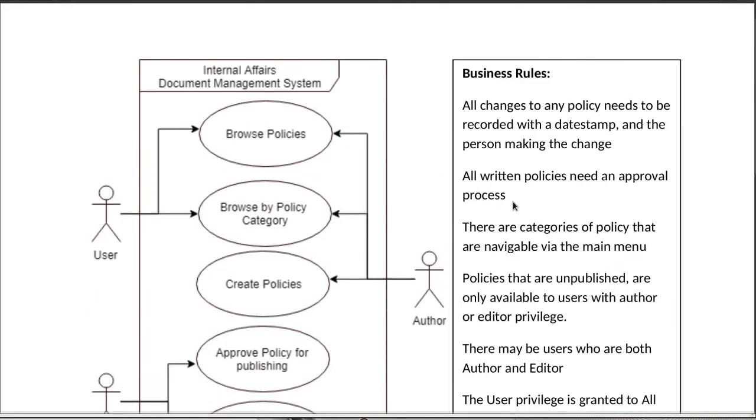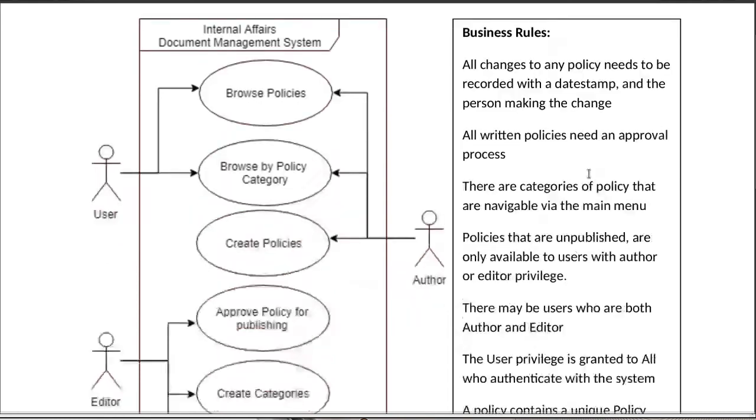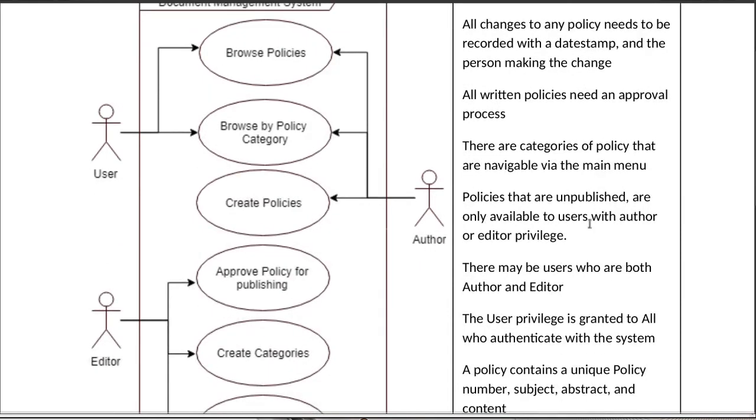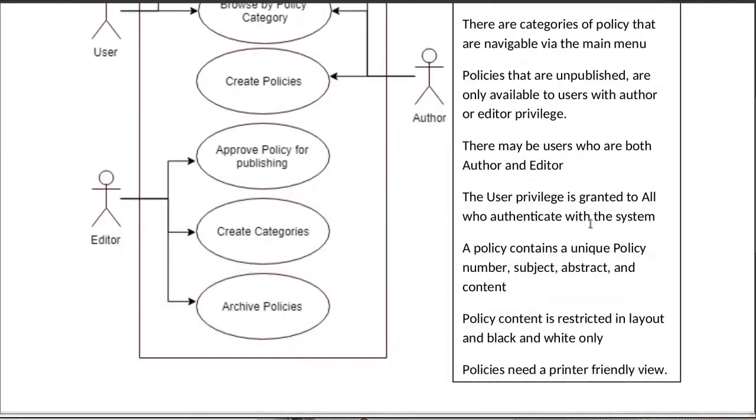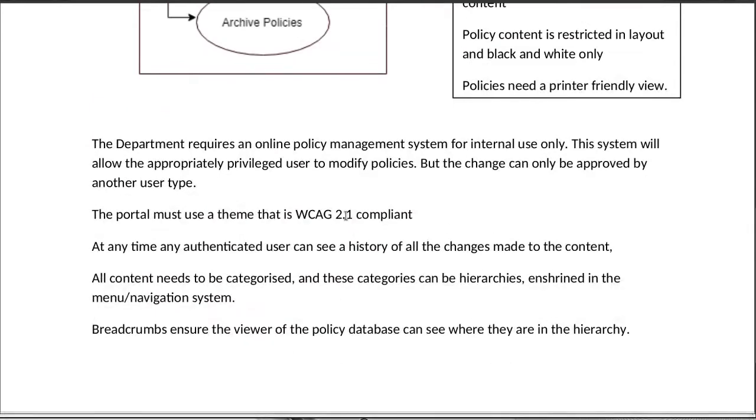A few very specific business rules. Each policy must have a unique kind of index associated with it. We want WCAG 2.1 compliance in terms of its visual structure. Content needs to be in some kind of structured order.